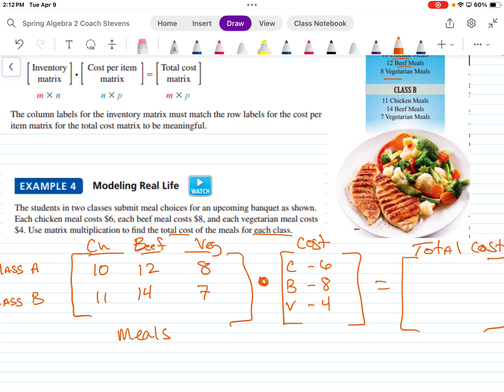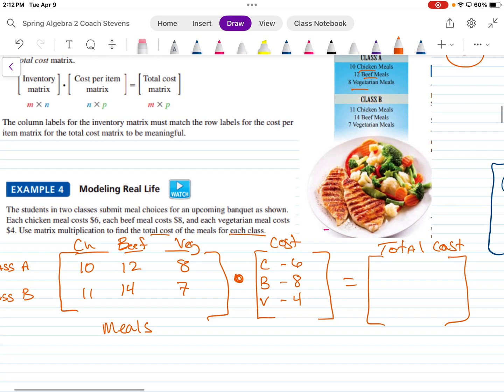Now, the C, B, and V in my diagram are just indicators, those aren't negatives, those are just bullet points there.